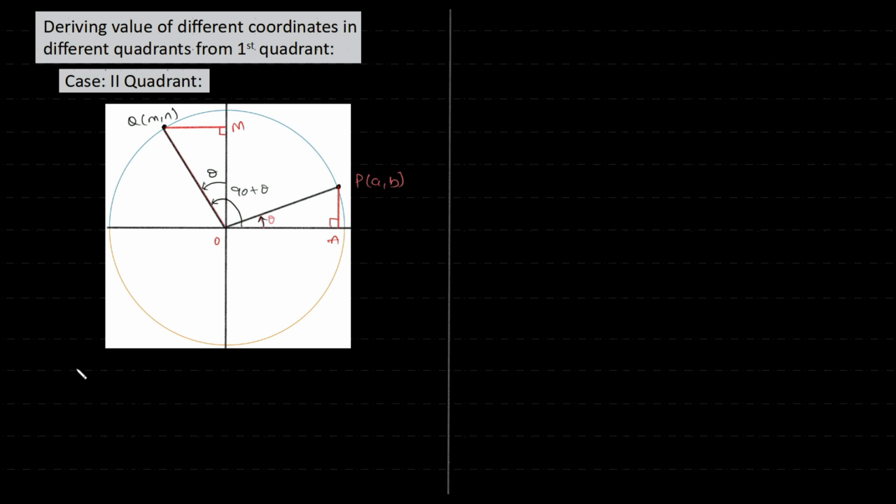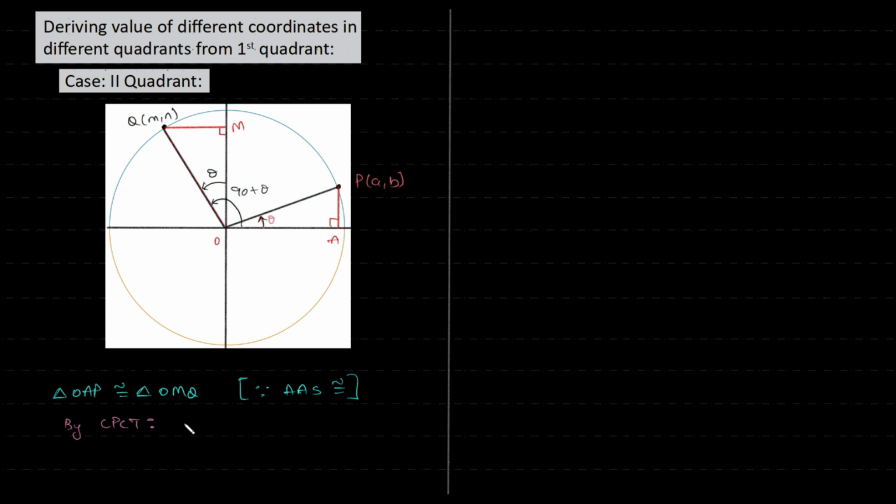Yes, they are congruent, is it not? So triangle OAP is congruent to triangle OMQ by AAS congruency. Now with CPCT, corresponding parts of congruent triangles, what and all can I tell?